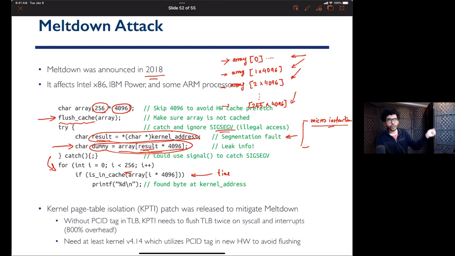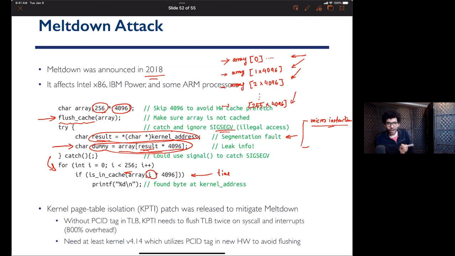The rest of them are going to go to memory and come back. So if I time how long this read takes, for a particular i, this read is going to be really fast. And for the rest of the i's, this read is going to be slow because they're going to go to memory.